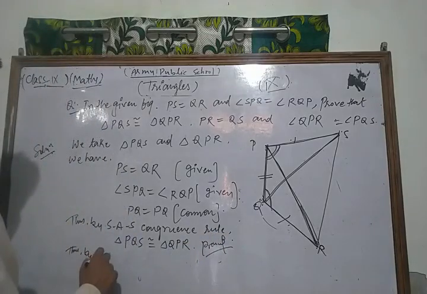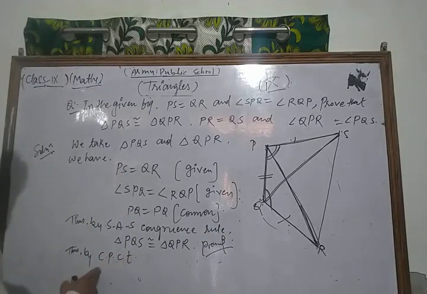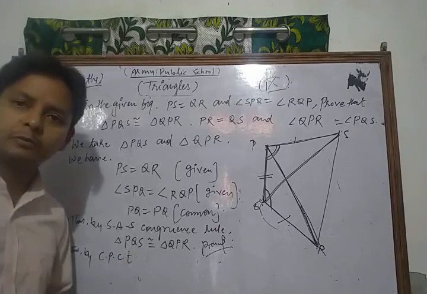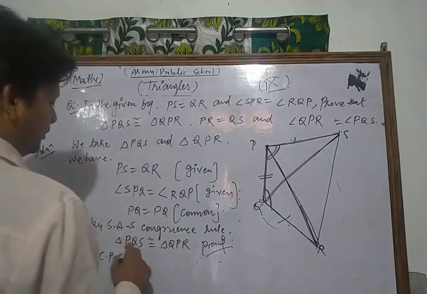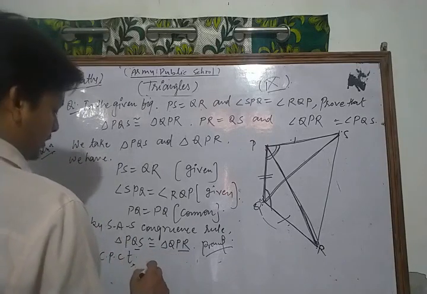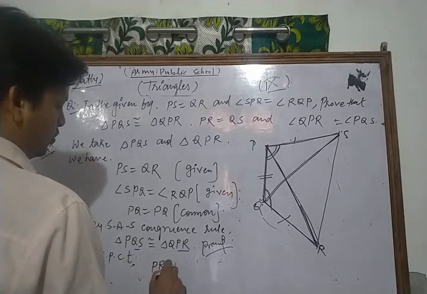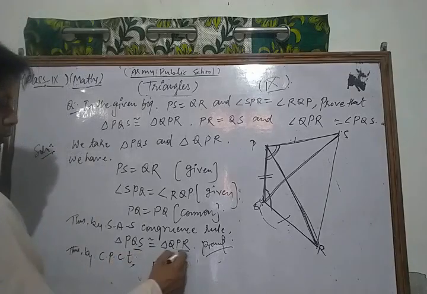Now by CPCT, corresponding parts of congruent triangles must be equal to each other. So by CPCT we have PR is equal to QS, because these are the corresponding parts.